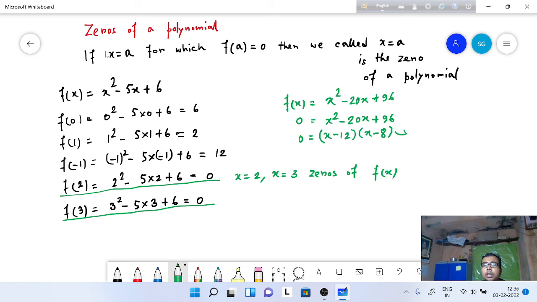So either x minus 12 equal to 0 or x minus 8 equal to 0, that is x equal to 12 or x equal to 8. So in this method we directly find the zeros of a polynomial.